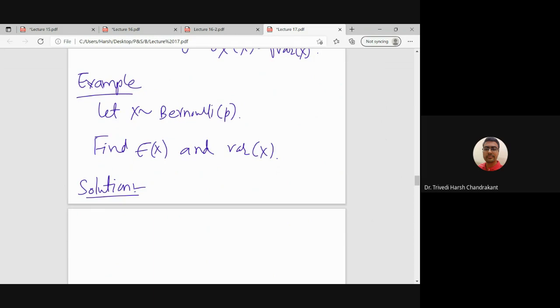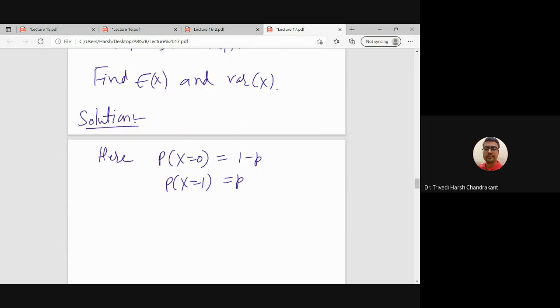Probability of 0 is 1 minus p. Probability of 1 is p, the probability of success. Expectation is the summation of x times probability of x equals x. So probability of x equals 0 is 1 minus p, and probability of x equals 1 is p.